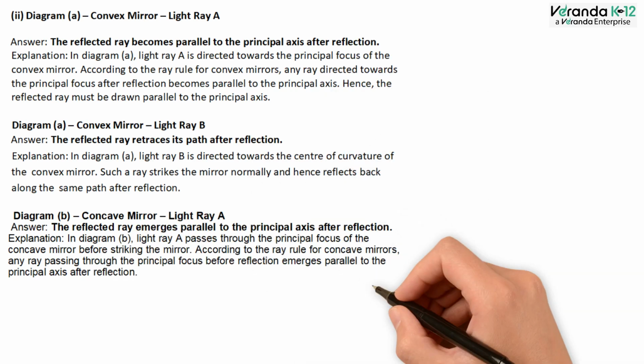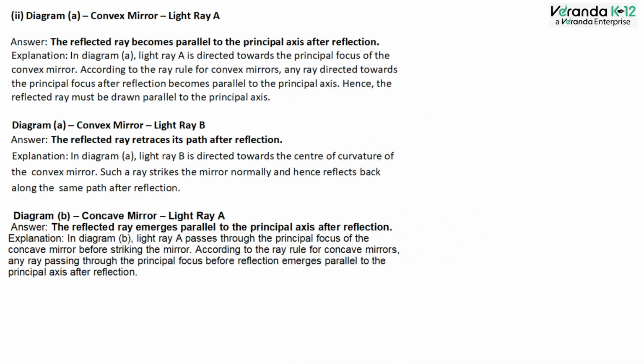The reflected ray becomes parallel to the principal axis after reflection. Explanation. In diagram A, the light ray A is directed towards the principal focus of the convex mirror. According to the rule, for convex mirrors, any light ray directed towards the principal focus becomes parallel to the principal axis after reflection. Hence, the reflected ray must be drawn parallel to the principal axis.